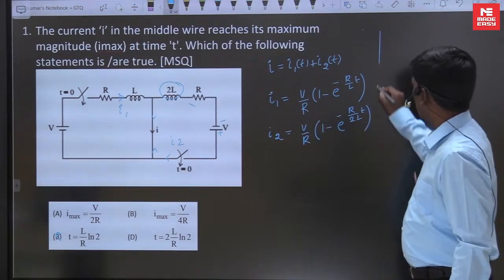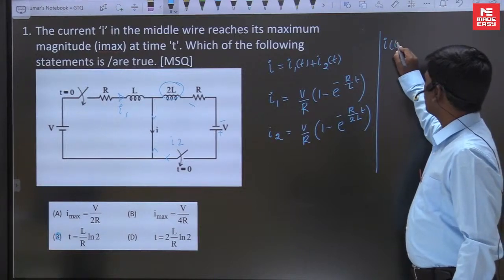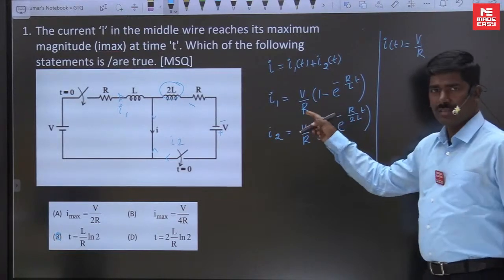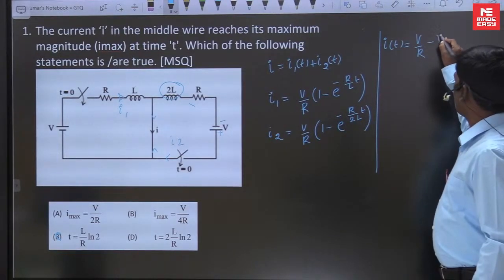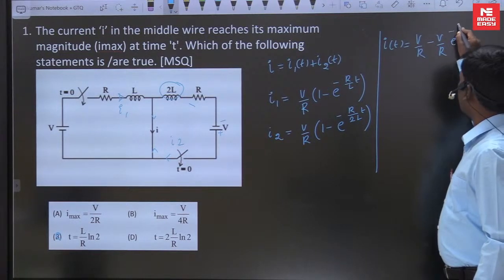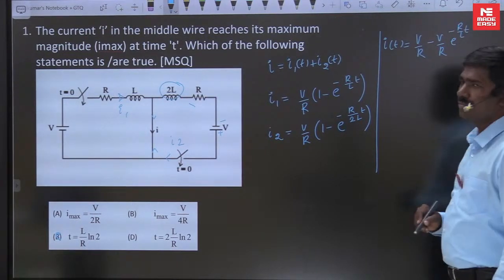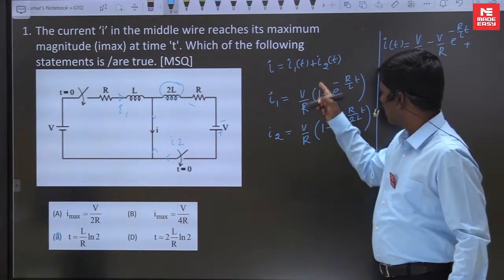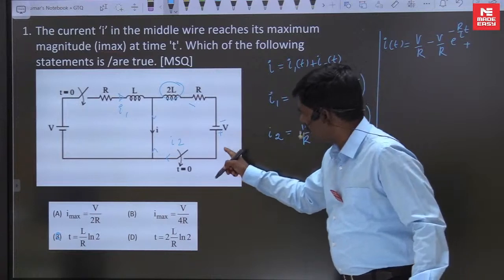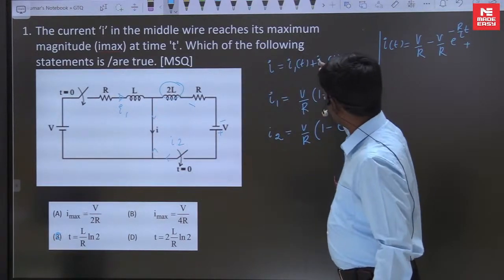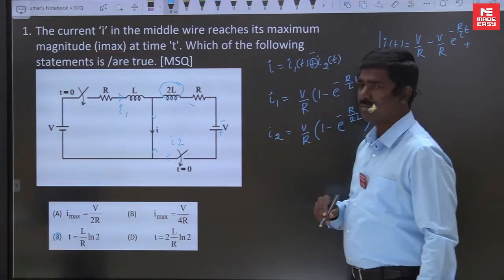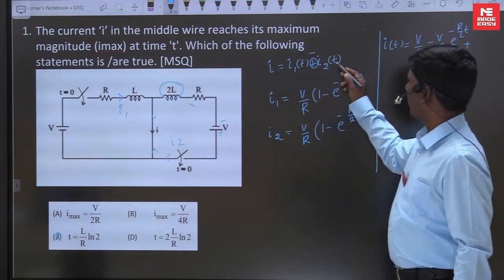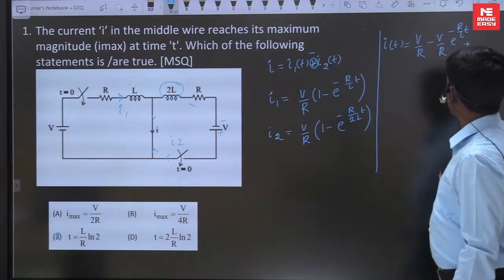Now I of T is equal to V by R, otherwise expanded, minus V by R e power minus R by L into T, plus... wait, here is a plus? What happened? Since I2 is upward and I is downward, in place of plus here there should be a minus. I is equal to I1 minus I2. So this is a minus I2.